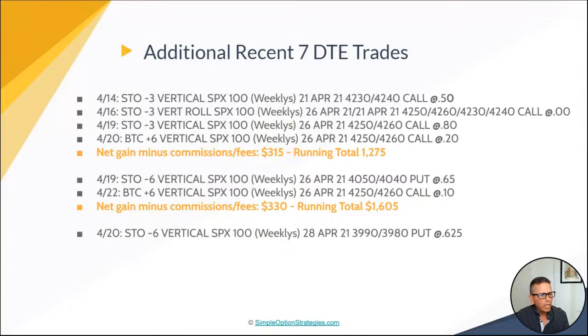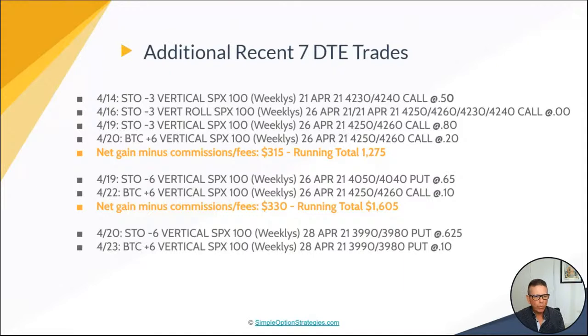Okay. And then on the 20th, I put on a put spread at 62.5, and I know that I did it in a series of 2 trades. That's why it's 62.5.